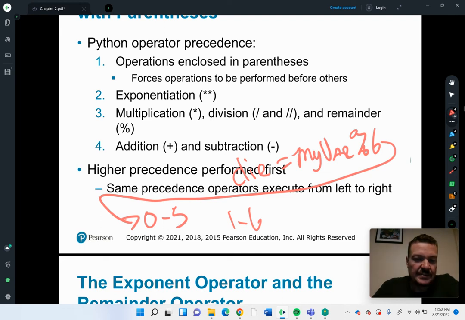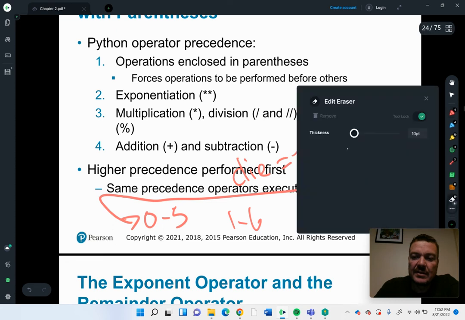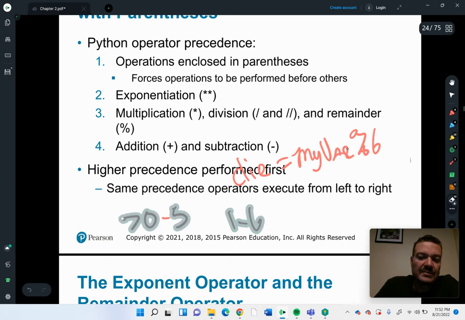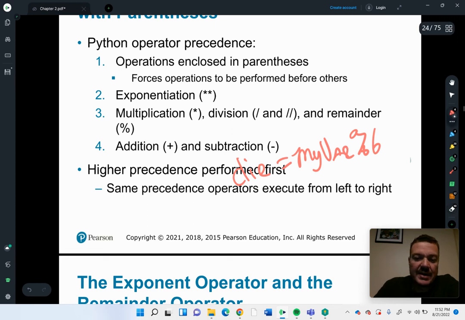And then to get that 1 through 6 now, we say die equals, and let's make it dice plus 1.